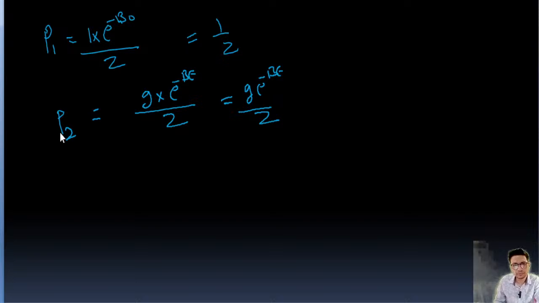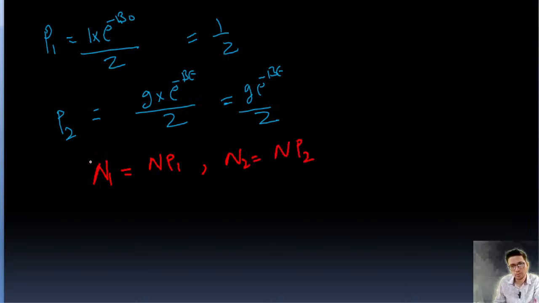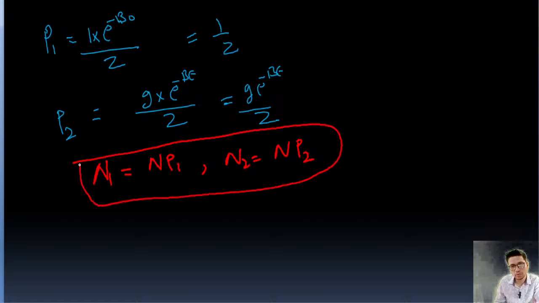Okay, so now we know this formula which we need to find out. The number of particles in the ground state is going to be the total number of particles, total number of atoms, into P1. And similarly N2 is going to be the total number of particles into P2. This is a very important formula, guys, you need to note it down. So from here we'll find N1.